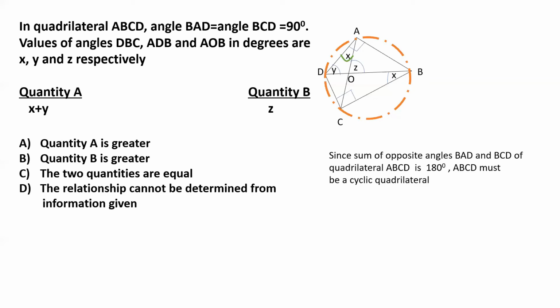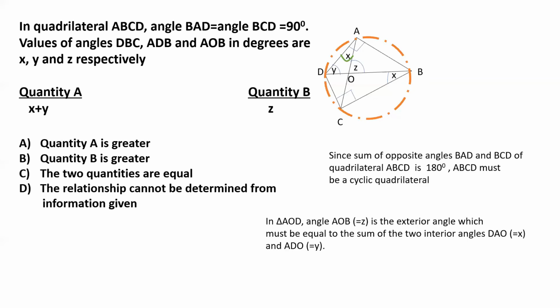Now, once we do that, we can note that in the smaller triangle AOD, the angle AOB, which is given as Z, is the exterior angle, and this must be equal to the sum of the two opposite interior angles, DAO and ADO.